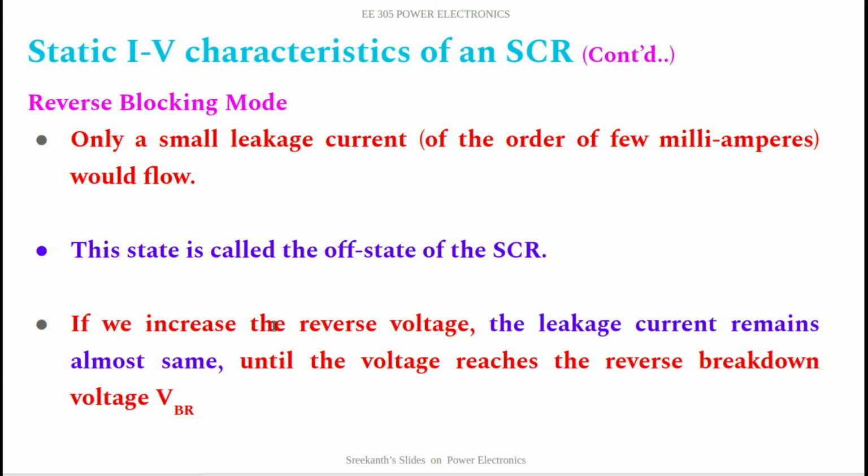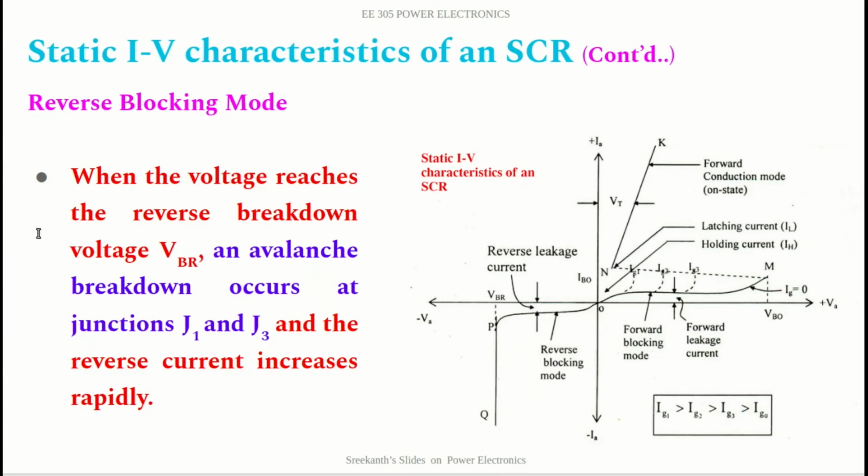So if we increase the reverse voltage, leakage current remains almost the same until the voltage reaches the reverse breakdown voltage VBR. What happens? When the voltage reaches reverse breakdown voltage VBR, an avalanche breakdown occurs at junctions J1 and J3 and the reverse current increases rapidly.